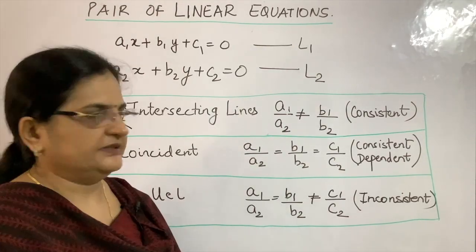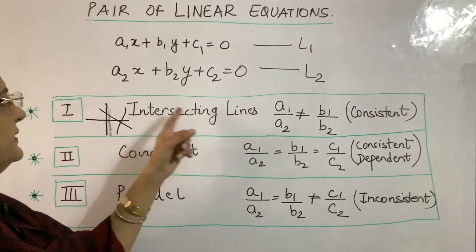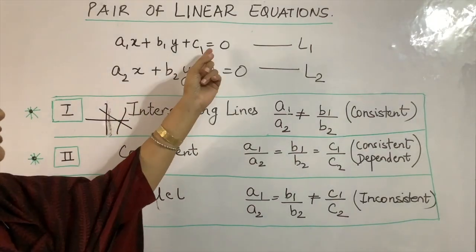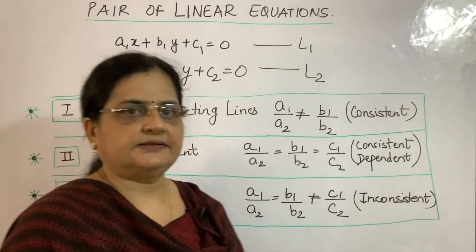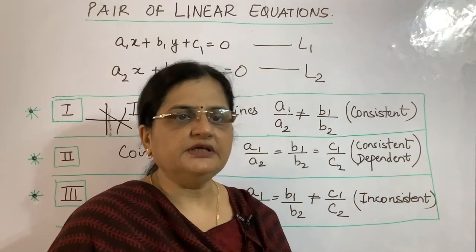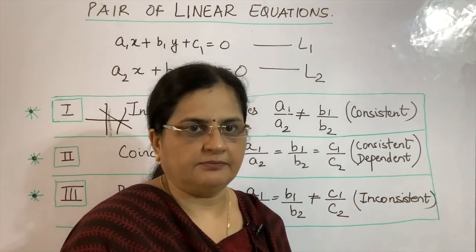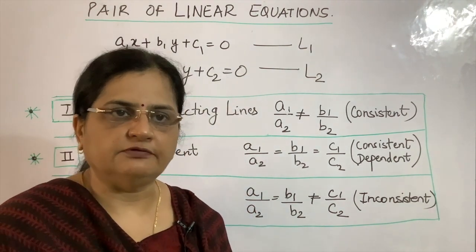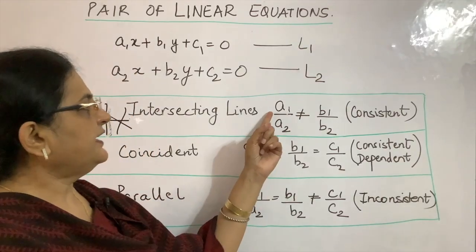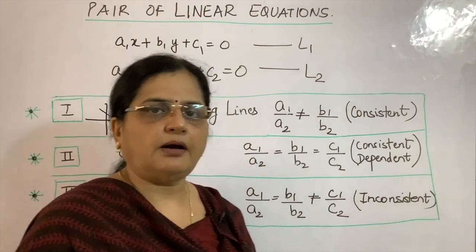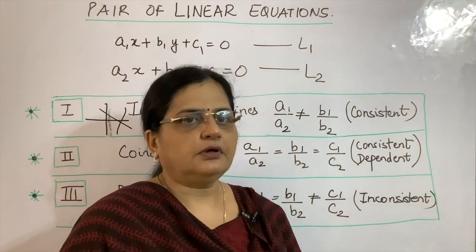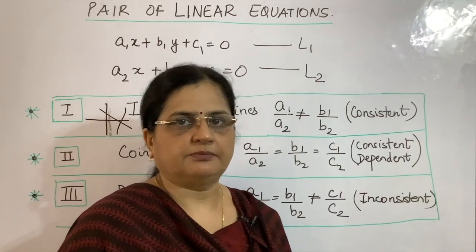Please understand it once again. Intersecting lines: if these two lines intersect at one point, meaning they are cutting each other at one point, then how will we see that? We find out the ratio a1 upon a2, and it will not come out to be equal to b1 upon b2.